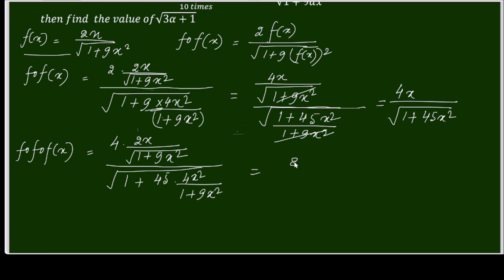So it will be 8 times x over 1 plus 4 into 45 into 4. It will be 1 plus 189x squared.